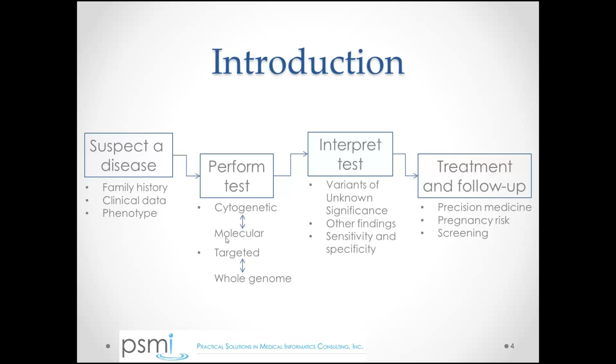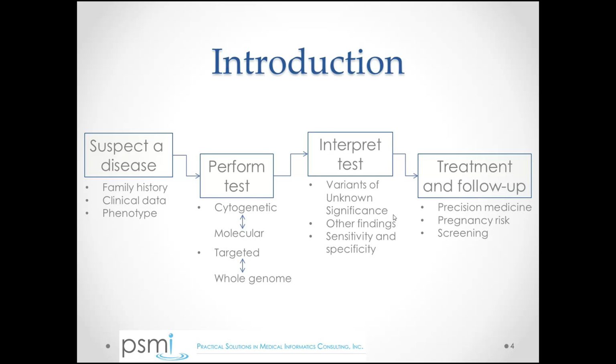When you have performed a test, depending on the test that you've performed, you may encounter several things. You may encounter variants of unknown significance. For instance, when you consider that a typical person has roughly 4 million variants when compared to a reference genome, the vast majority of those 4 million variants are of unknown clinical significance at this point.